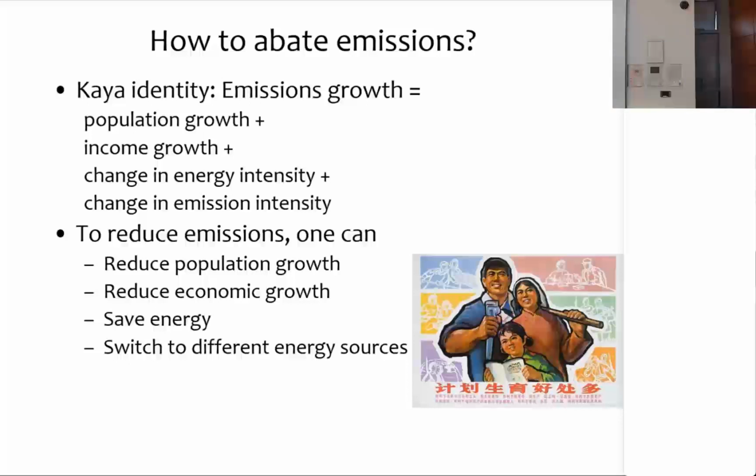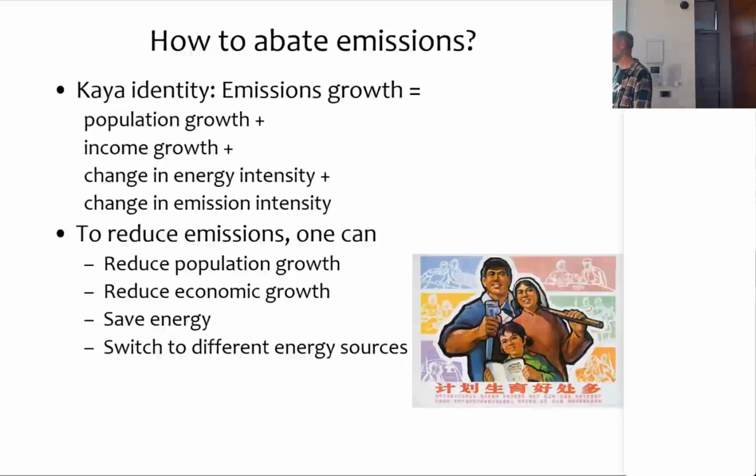You can reduce population growth, you can reduce income growth, you can reduce or accelerate the change in energy intensity, or you can accelerate the change in emission intensity. Those are your 4 basic options to reduce emission. And I will take them in turn, starting with population growth.